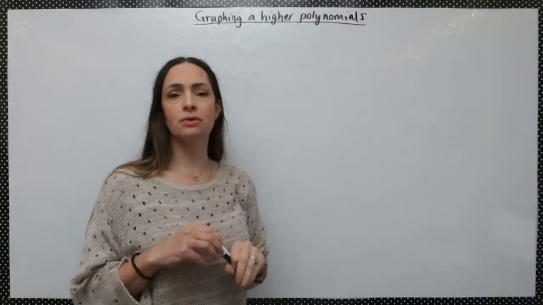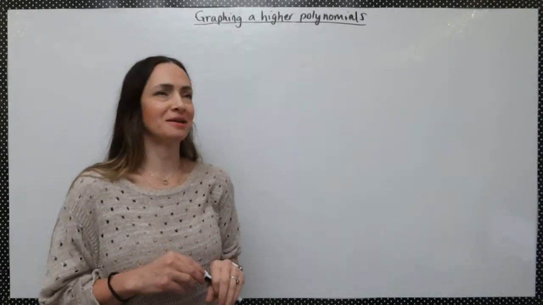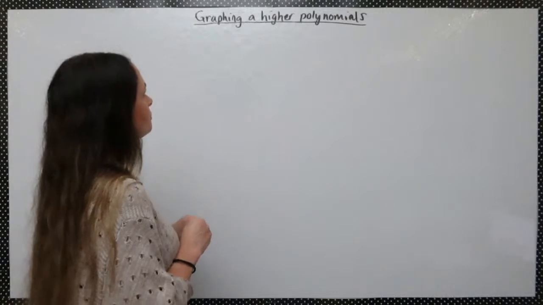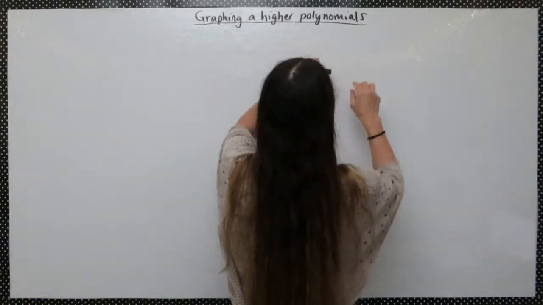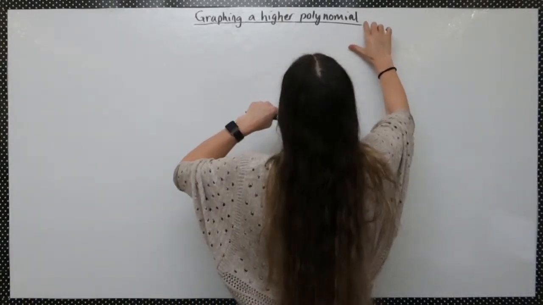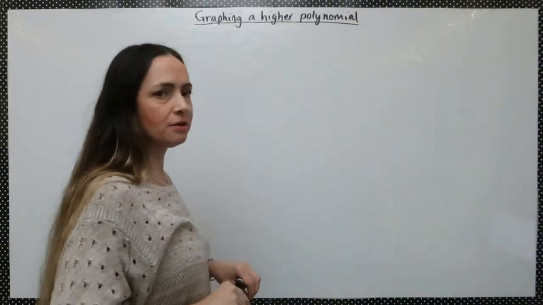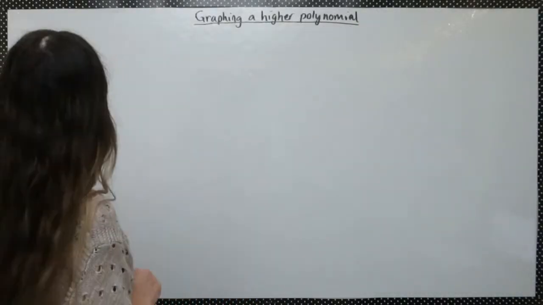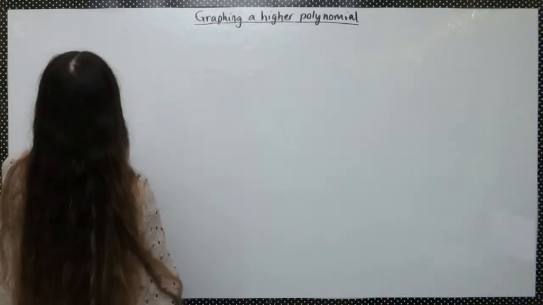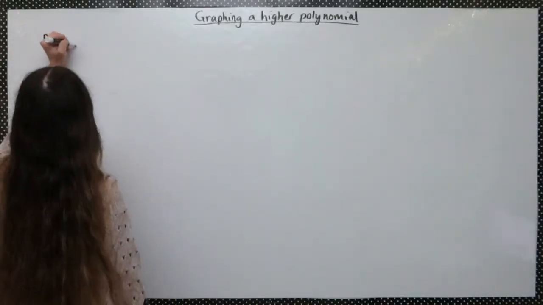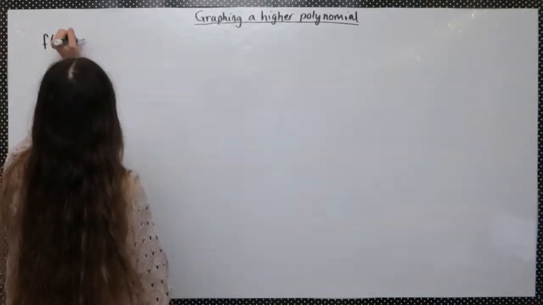The higher the degree, I think the more complicated it might be. But look, that doesn't even make sense. Graphing a higher order polynomial. So I'll just calm down and take this slow, no need to rush, and think about this function that I came up with over the weekend.